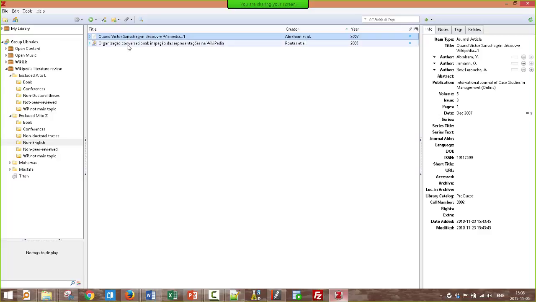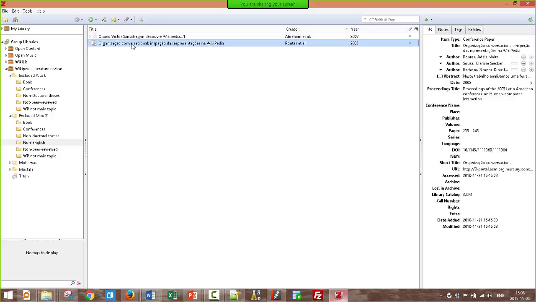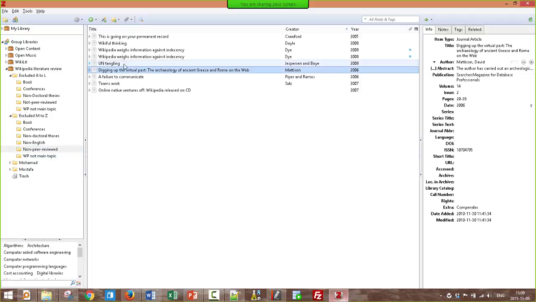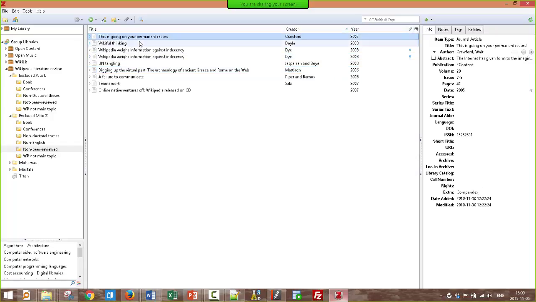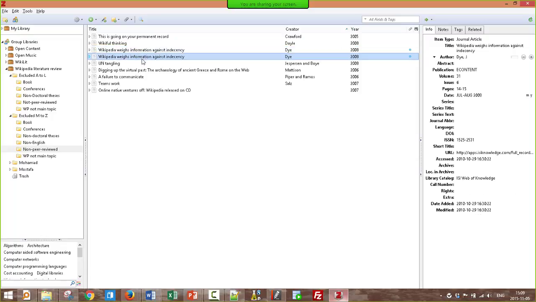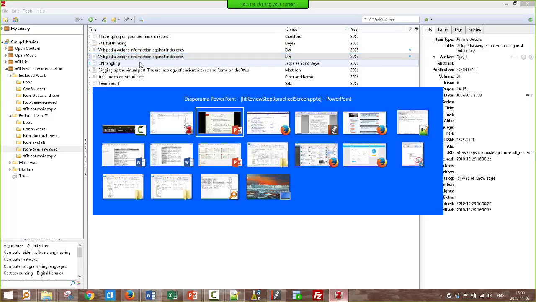This one's in French, this one is Portuguese, so they couldn't read them and couldn't include them in the review. So the point is that someone else can go over and verify, okay, do we really want to exclude this? And that enhances the team aspect of the research.